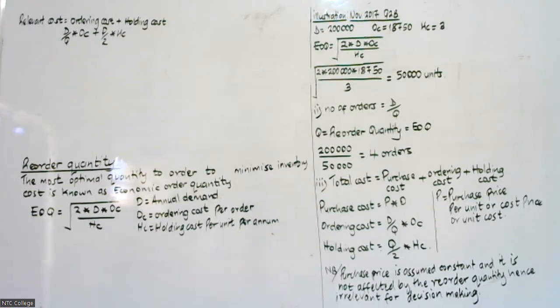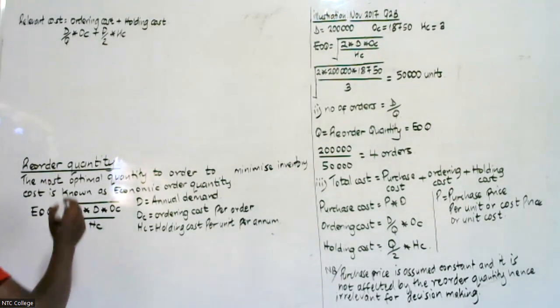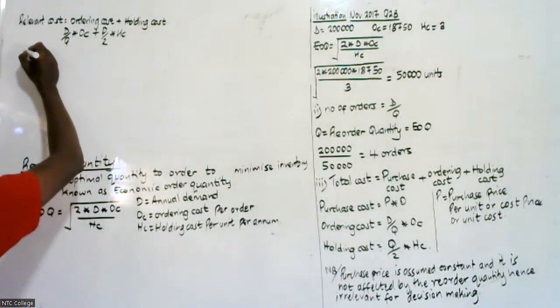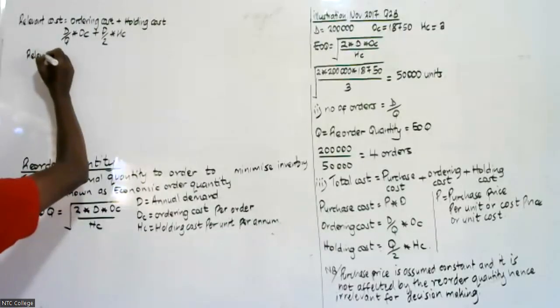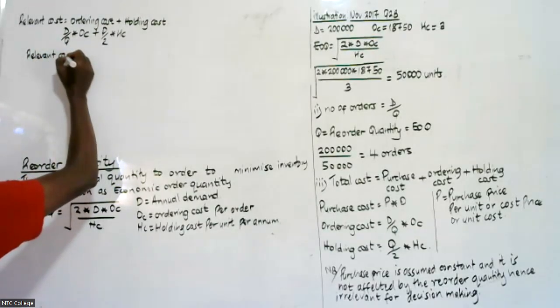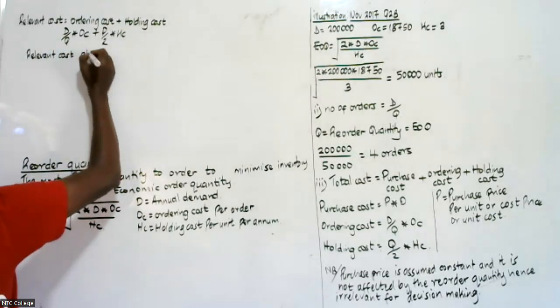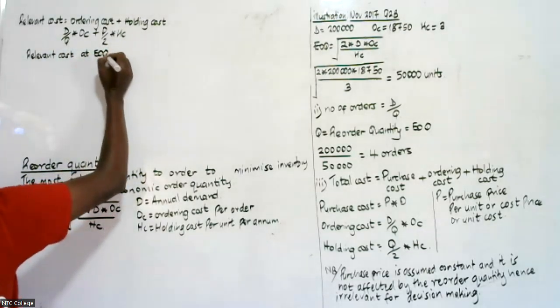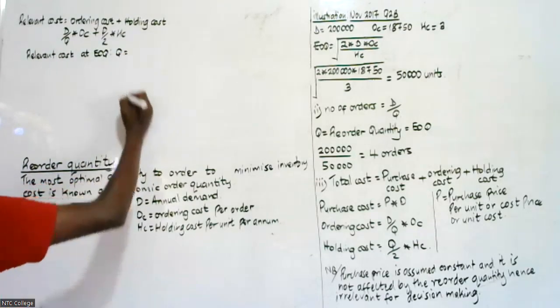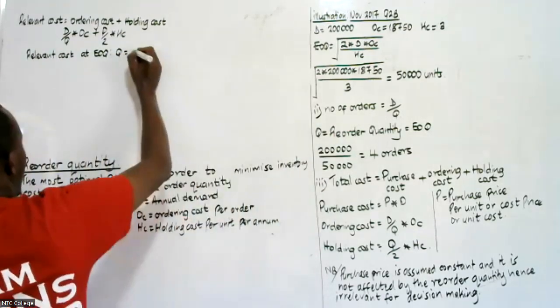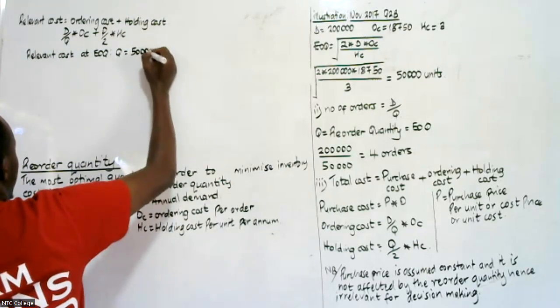Justify how this would increase the total cost. So, the relevant costs at EOQ, this is where Q is what? At EOQ, you get 50,000 units, right?